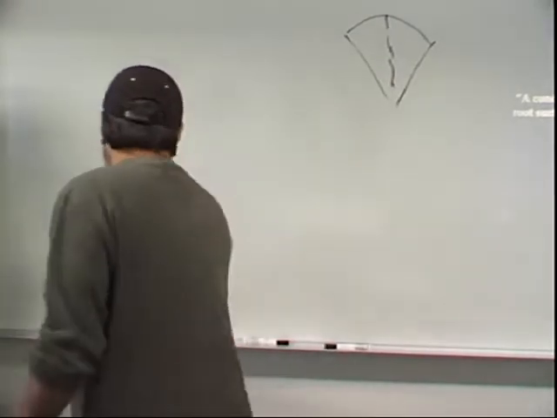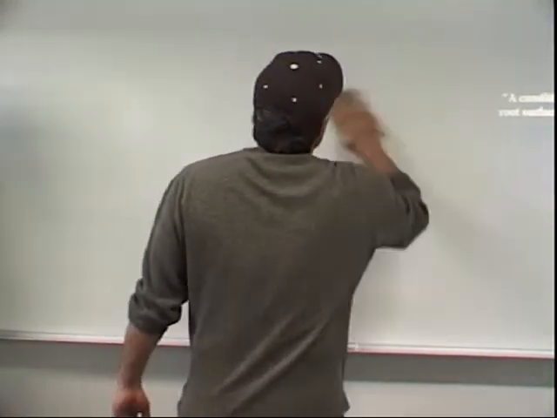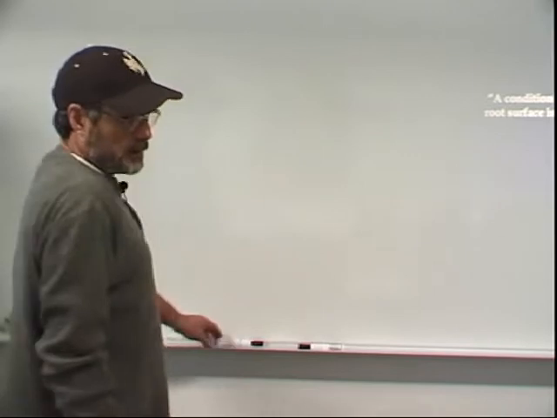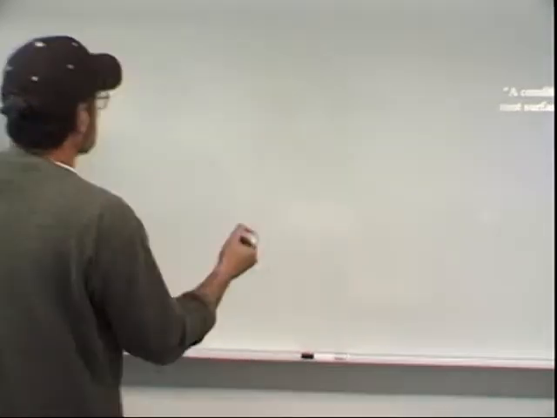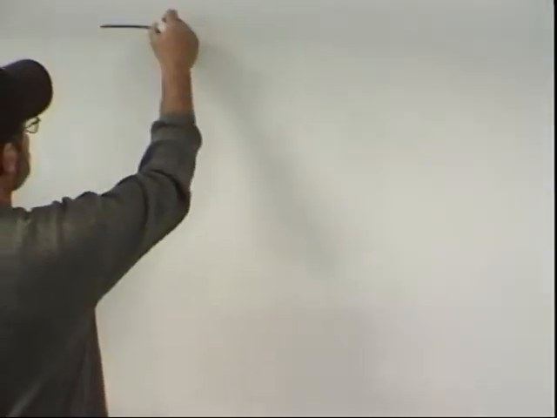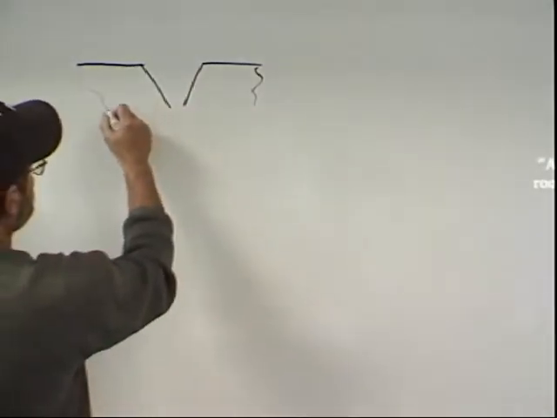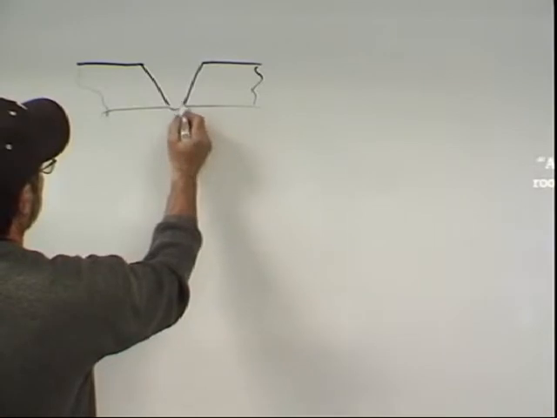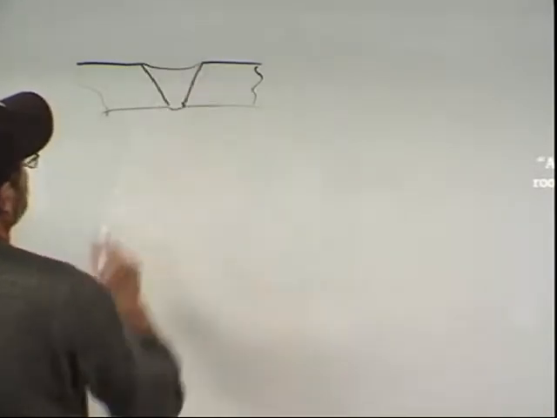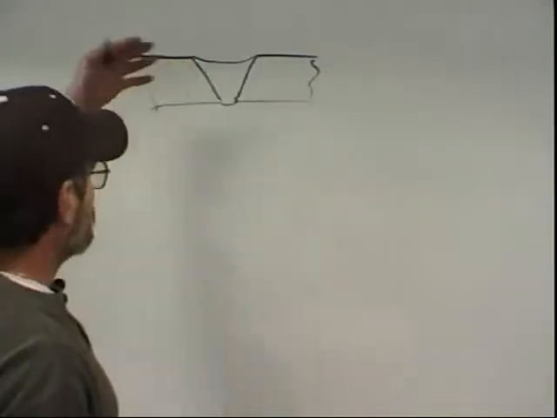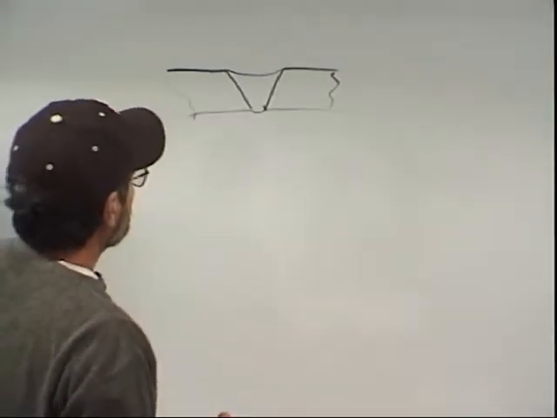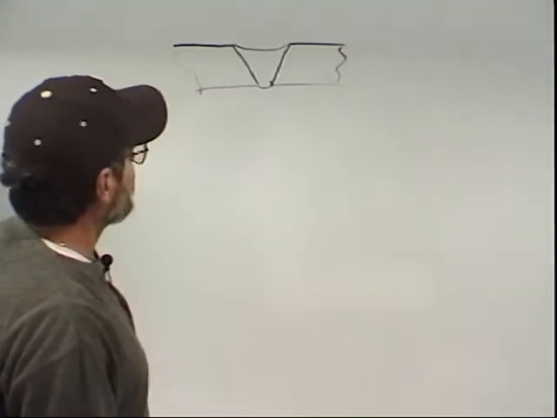Now, there's two types. This is called underfill. So if we have a joint like this, and we don't fill it up all the way, that's called underfill. And you can measure that and see it and so forth. And really, the welder just didn't fill it up enough.